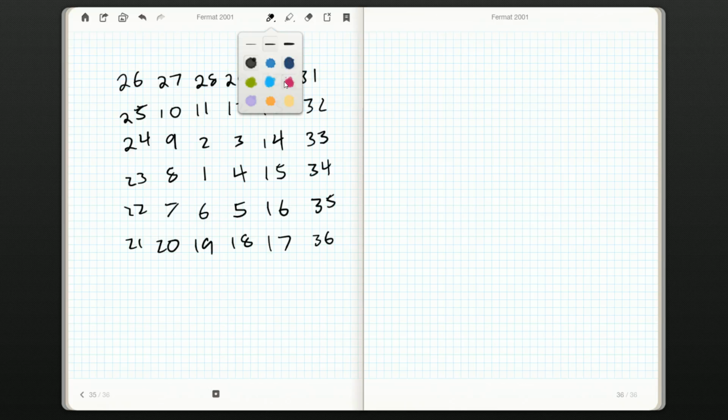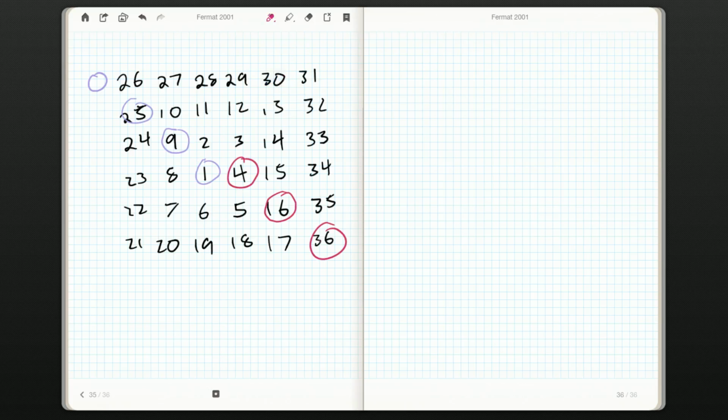What do you know? So I'm noticing the pattern here with the squares. So 1 is a square. So here are our odd squares. And here are our even squares.